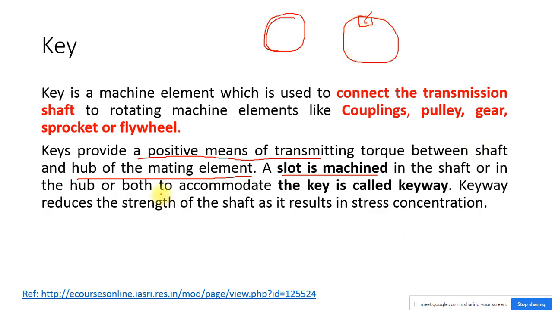The keyway reduces the strength of the shaft as it results in stress concentration.